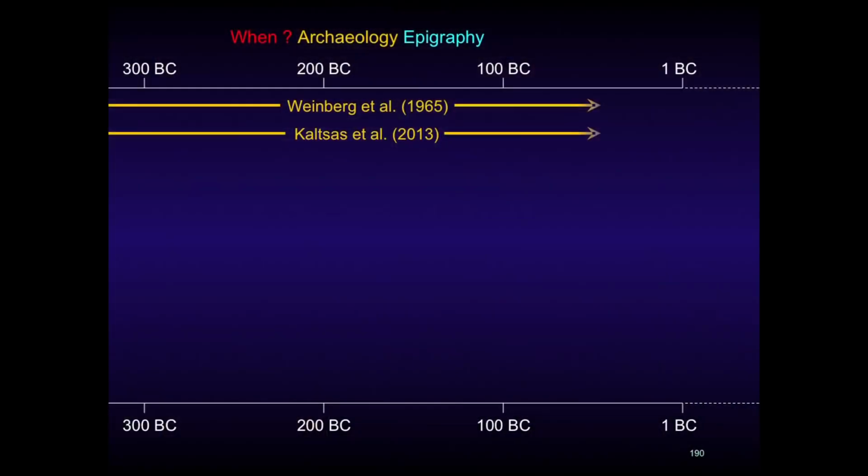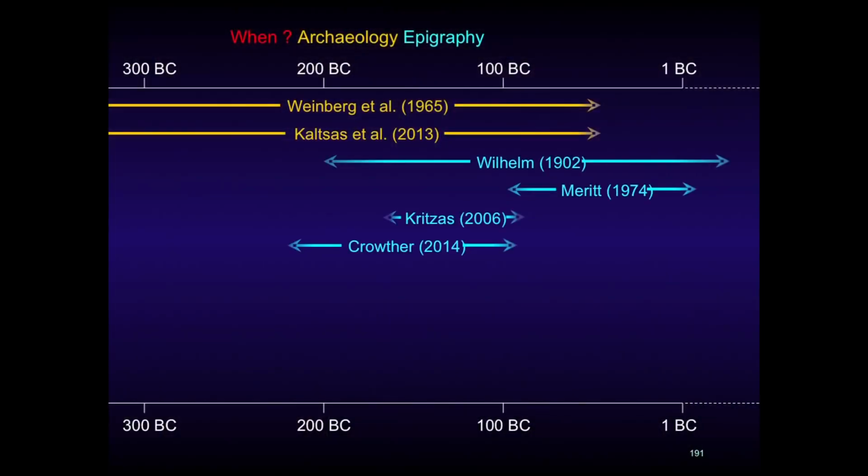Let me put some information about different epigraphers' views on our timeline. Wilhelm, in the early days, probably wisely gave a rather wide range. Merritt worked with Price and said basically 1st century BC, which agreed with Price. He says the subtitle of Gears from the Greeks is a calendar computer from about 80 BC, and he had an argument for saying it was made in 80 BC, which I think all of us now believe is spurious.